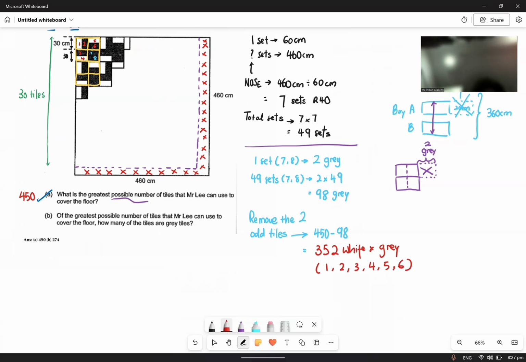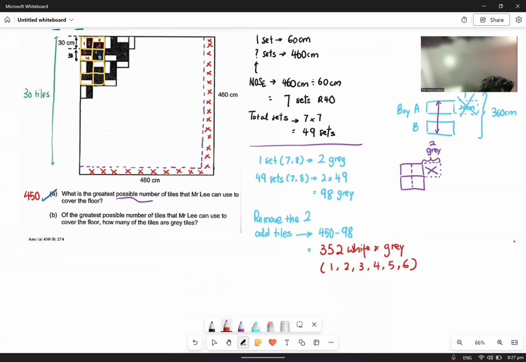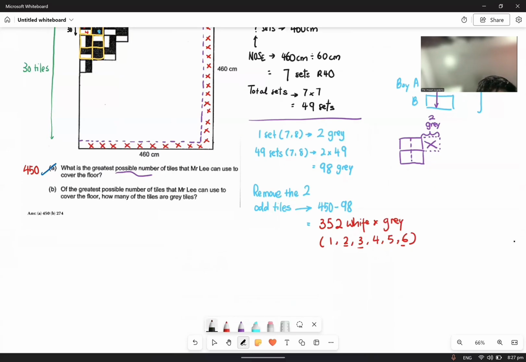So, you tell me, isn't it true that in order for me to find 2, 3, and 6, why 2, 3, and 6? Because 2, 3, and 6 are all gray color, right? I will simply just have to do 352, maybe I'll just use red color again, 352 divided by 2.